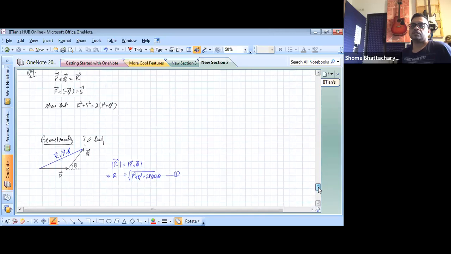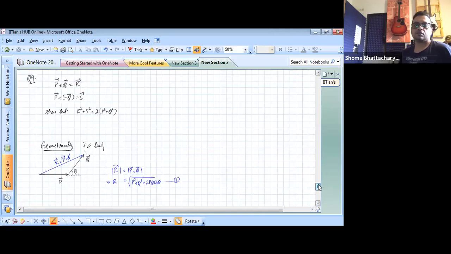Okay, so let's understand our own question from the beginning. First we are solving this vector operation through this triangle.